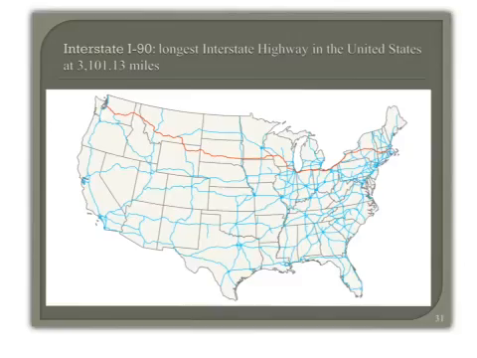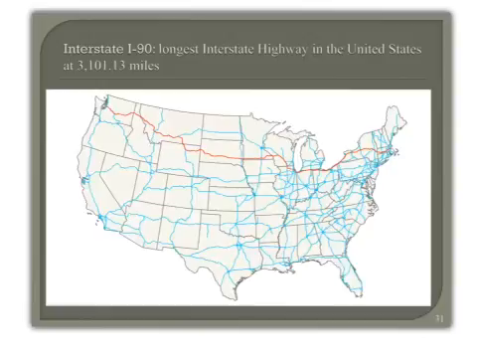Here is another example of an interstate that can be treated as a full network. Here is Interstate 90, which is the longest interstate highway in the United States. As you can see, it goes from the furthest west part of the country all the way to the east.